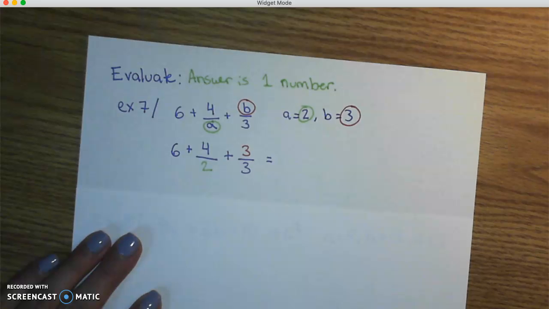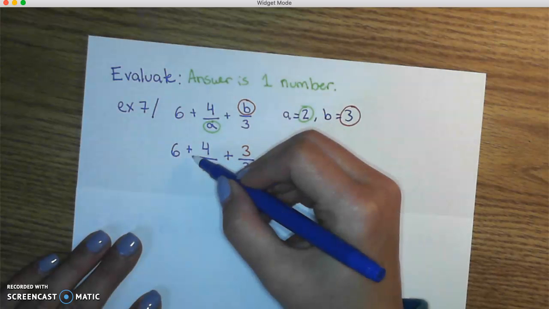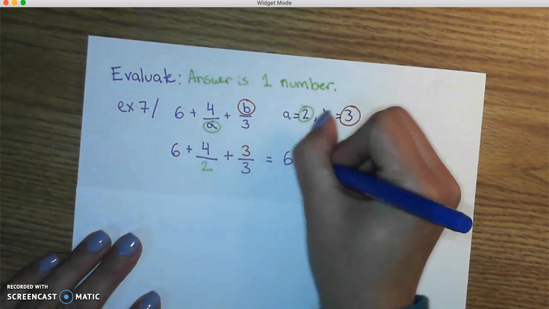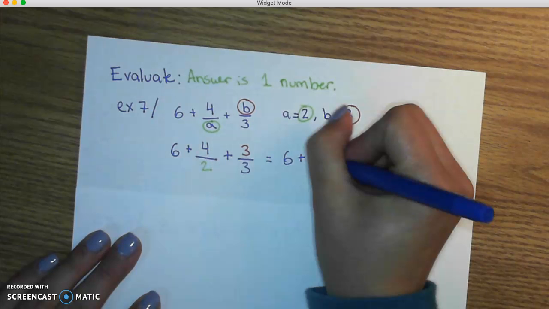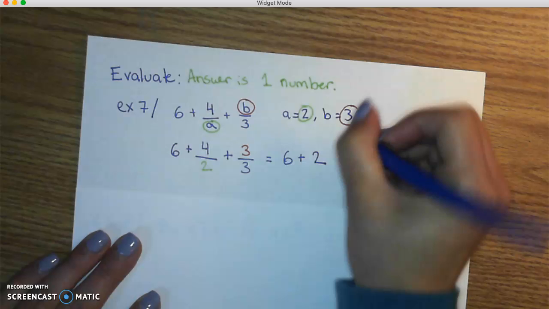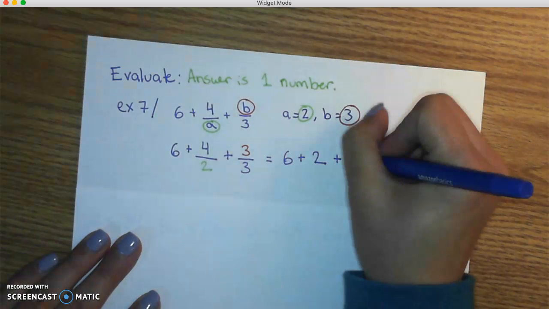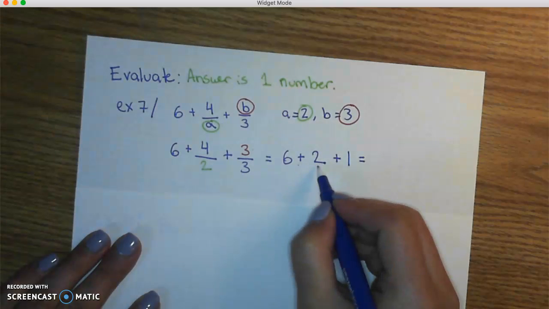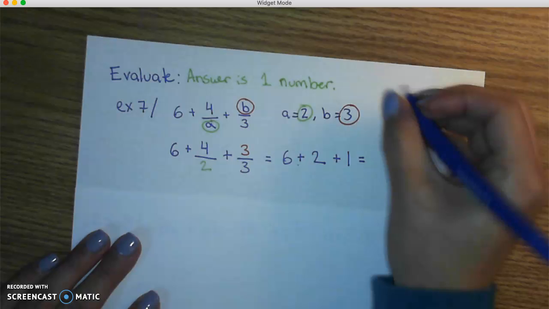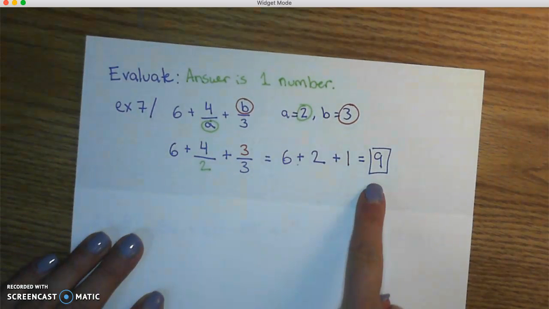I'm going to do my division first because I divide before I add. So 6 plus 4 divided by 2 is 2, plus 3 divided by 3 is 1. Now I can just add these together. 6 plus 2 is 8, plus 1 is 9. So my solution is one number. It's 9.